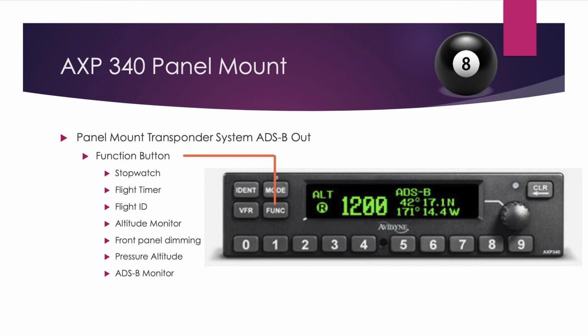We have an altitude monitor, and the lighting, the dimming light, and then an important part, we have a pressure altitude. It's not the true altitude that is reading on the display. And this last one is an important one, the ADS-B monitor, and I'll show you why.